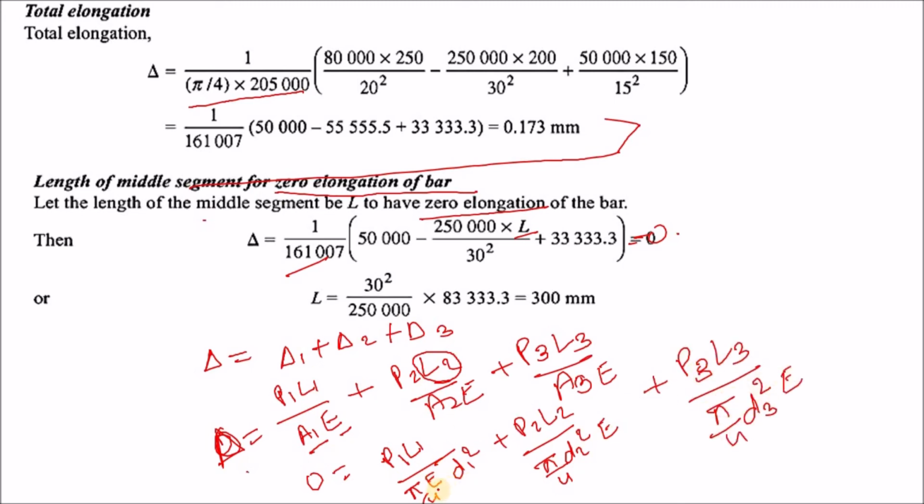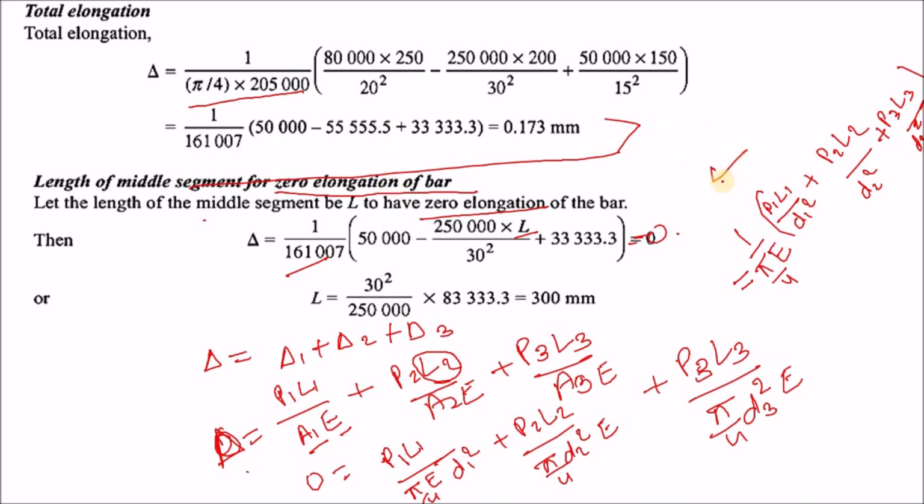If you make this, it will be equal to P1 L1 divided by D1 square plus D3 square, 1 by pi by 4 E. This formula is used here and here also. Okay, in this way you can find out the length.